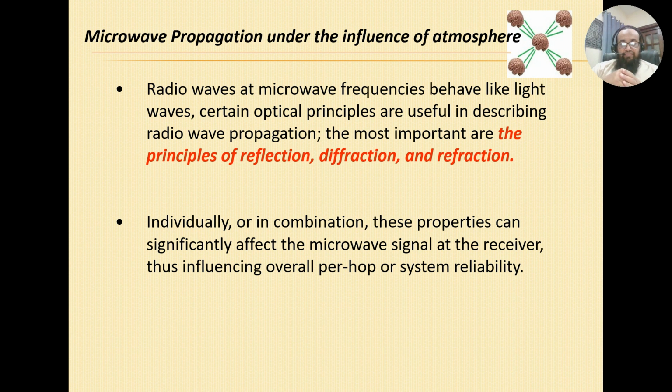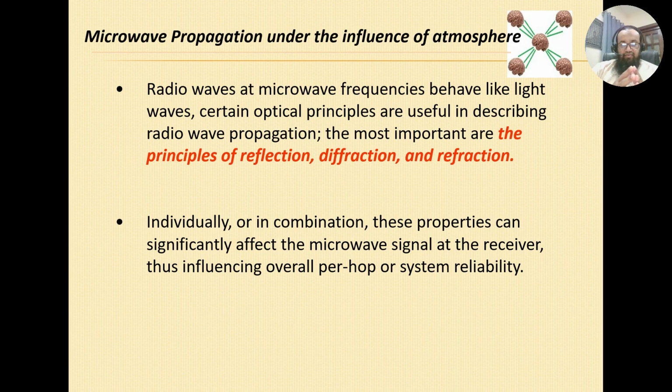When we send a microwave from one point to the receiver, under the influence of the atmosphere it goes through the same principles as a light wave. Because of the atmosphere, there is reflection, diffraction and refraction, and we will learn that in the coming lessons.